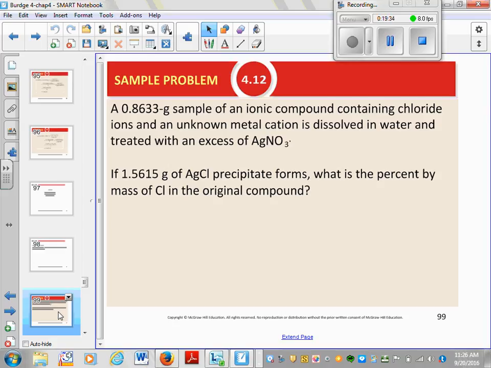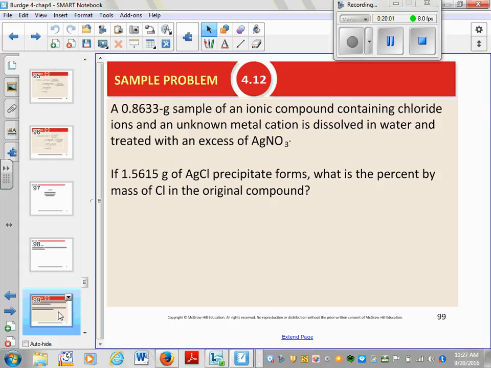So here's our original compound. We're going to do percent chlorine. How would I do percent chlorine, just in general? How do you do your percent composition in the mixtures? Part over the whole.